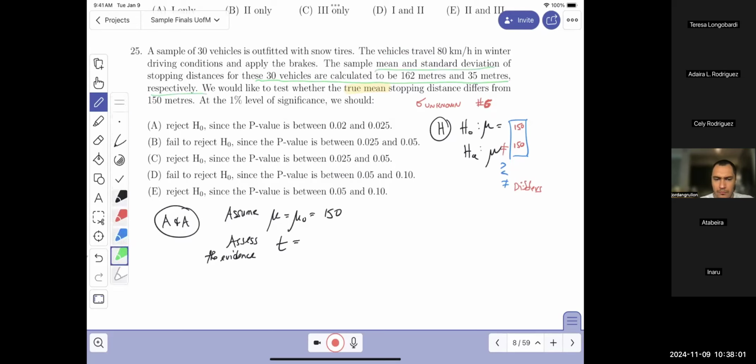So the mean was 162. I'm going to subtract the hypothesized mean. I'm going to standardize this using the hypothesized mean and a standard deviation, but I don't have the true one, so I have to use S instead.